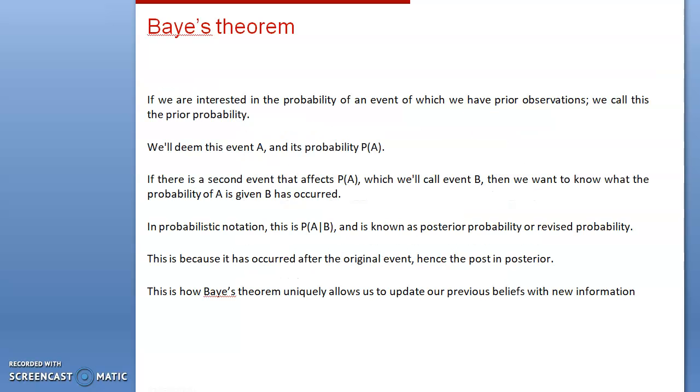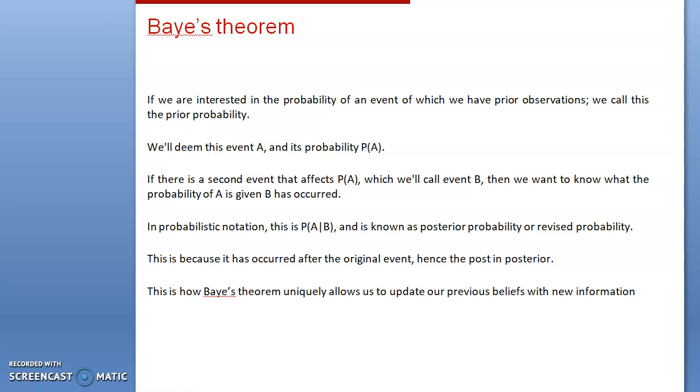If we are interested in the probability of an event for which we have prior observation, we call this the prior probability. We will deem this event A and its probability P of A. If there is a second event that affects P of A, which we will call event B, then we want to know the probability of A given B has occurred.